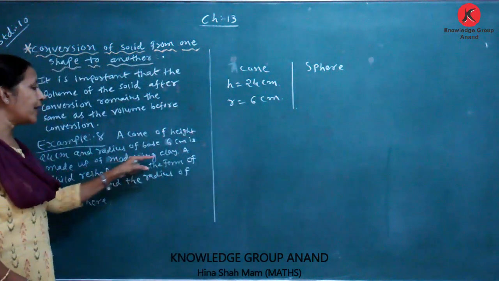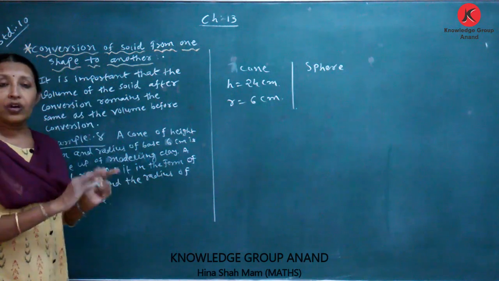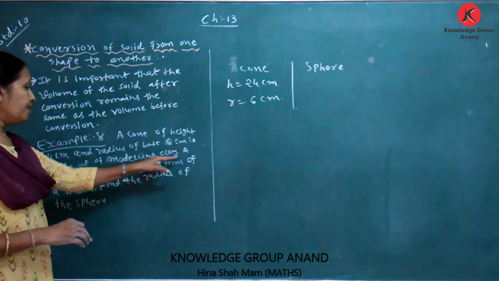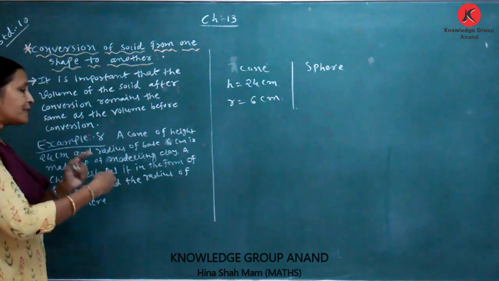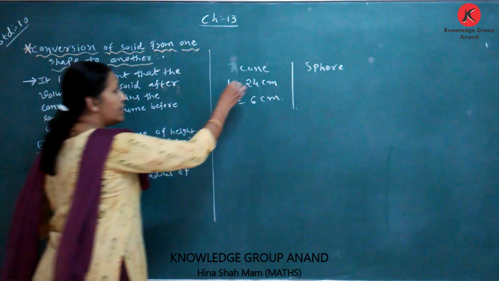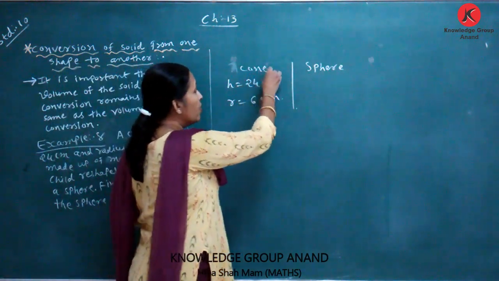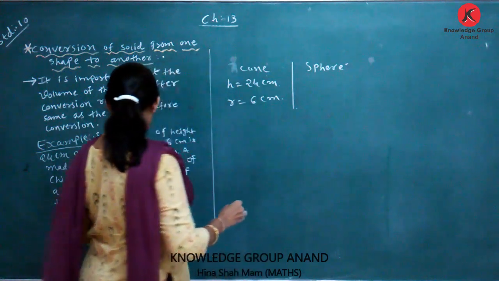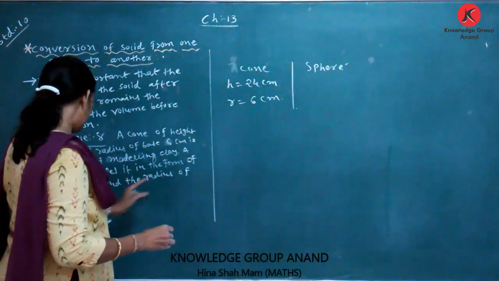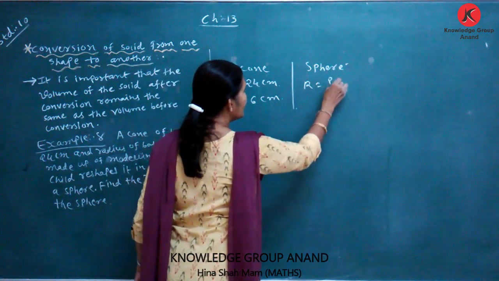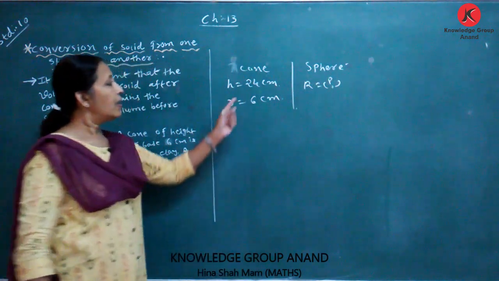It is made up of modeling clay. The cone is already made of clay. A child reshapes it in the form of a sphere. Find the radius of the sphere.